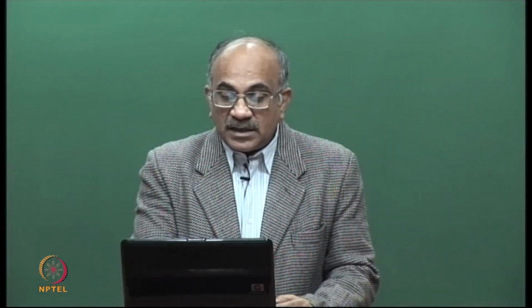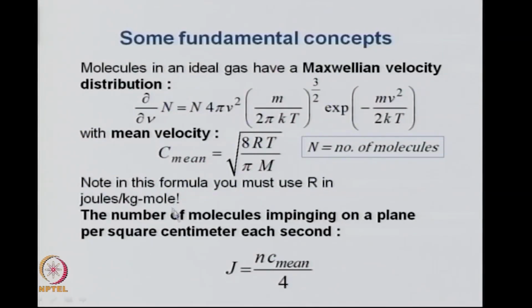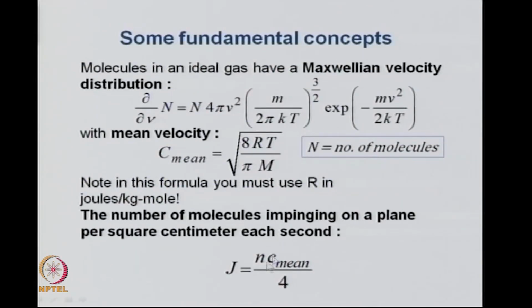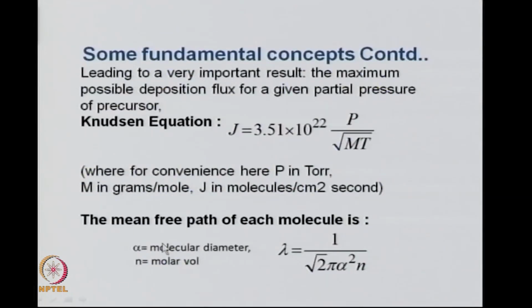That can be calculated as J, the number of molecules impinging on a plane per square centimeter per second, and that is given by n C mean by 4, where this small n is the molar volume and C mean is the velocity. Here the mean velocity divided by 4 will give you the number of molecules which are falling on a plane per square centimeter per second.